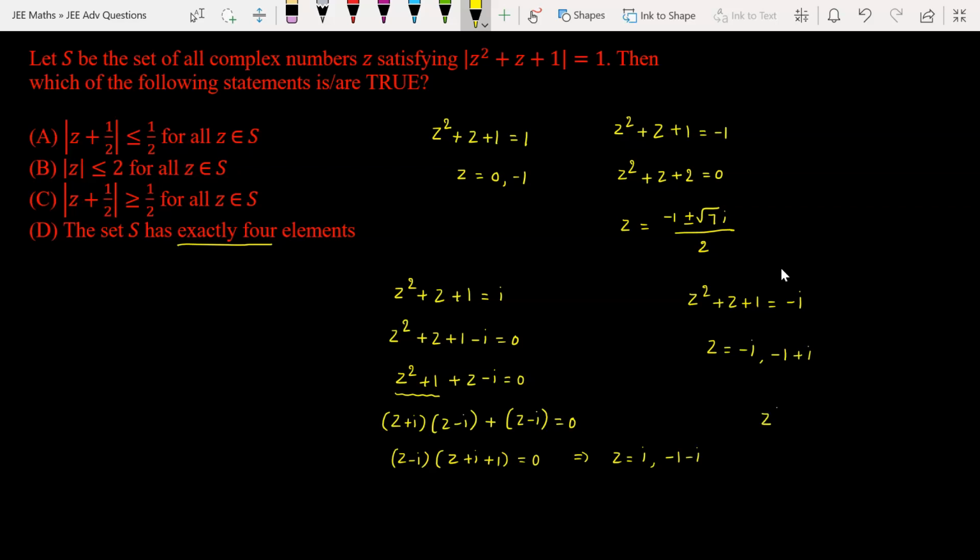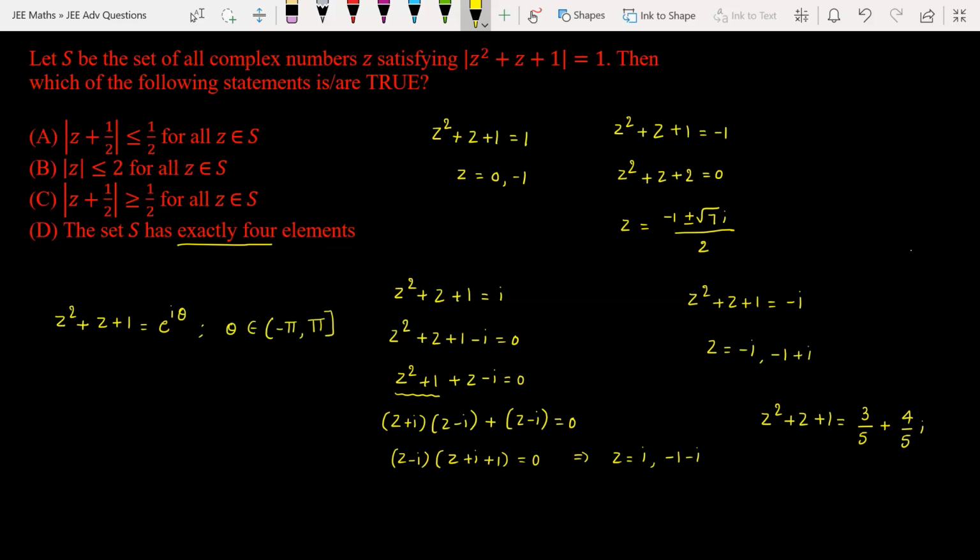We can even take z square plus z plus 1 is equal to 3 by 5 plus 4 by 5 iota. You see the magnitude of this is also 1. Like this we can have infinitely many possibilities. So we can combine them all and write it like this: z square plus z plus 1 is equal to e power i theta, where theta goes from minus pi to pi.